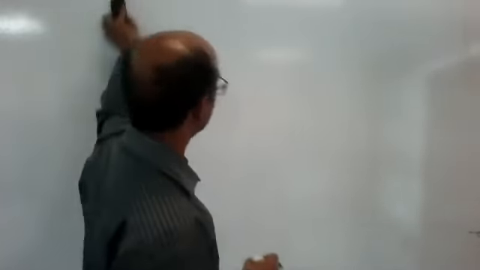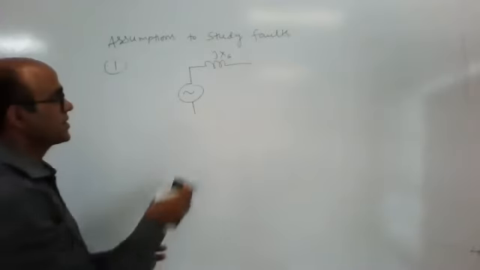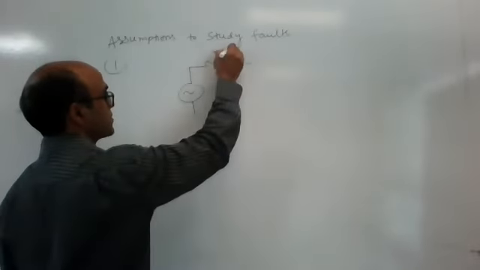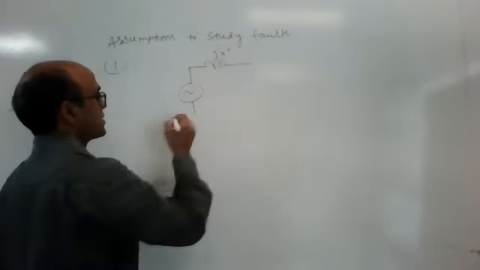During fault I am assuming this is subtransient reactance. I will tell you what is the meaning of this. So we are replacing the synchronous machine by a source of EMF with a reactance, and that is called subtransient reactance. I will explain this when I explain symmetrical fault.